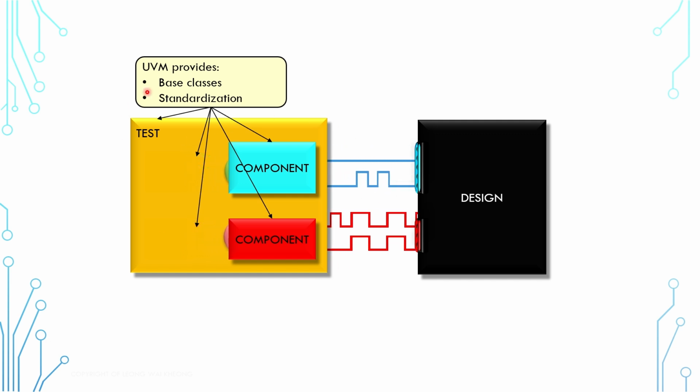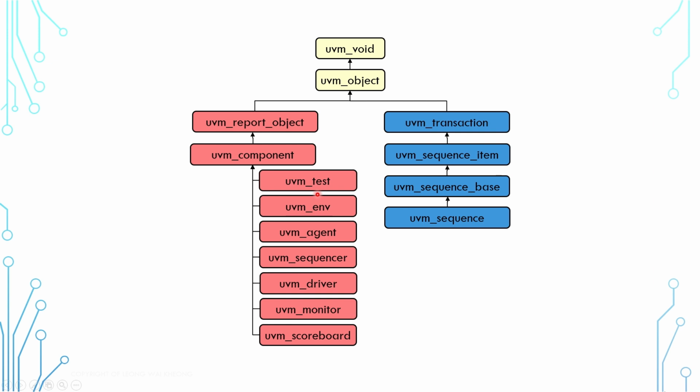Now, once you understand this concept, you'll be able to understand various UVM classes. And this is a simplified UVM class diagram. It starts with uvm_void, which is a dummy class and doesn't really do anything. The next extension is uvm_object. This is an important class. It contains functions such as copy, compare, and print, but we'll look into its detail in a future video.